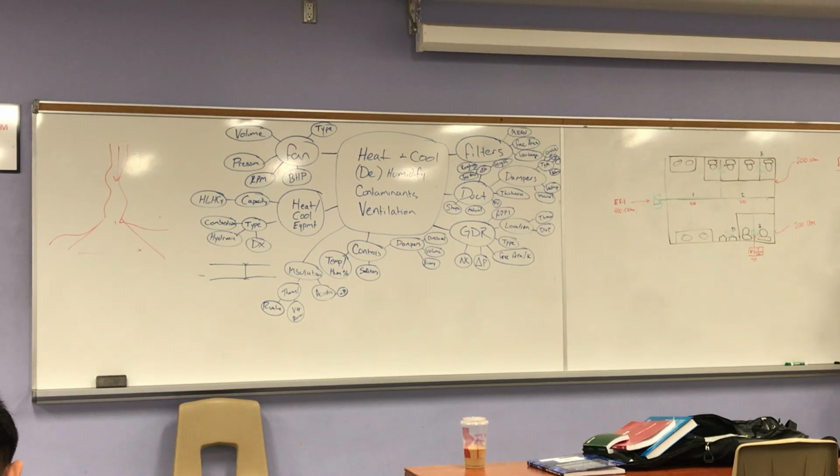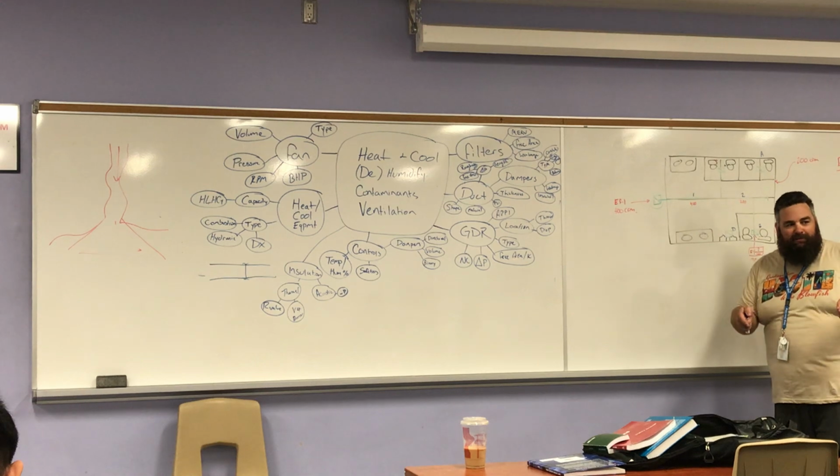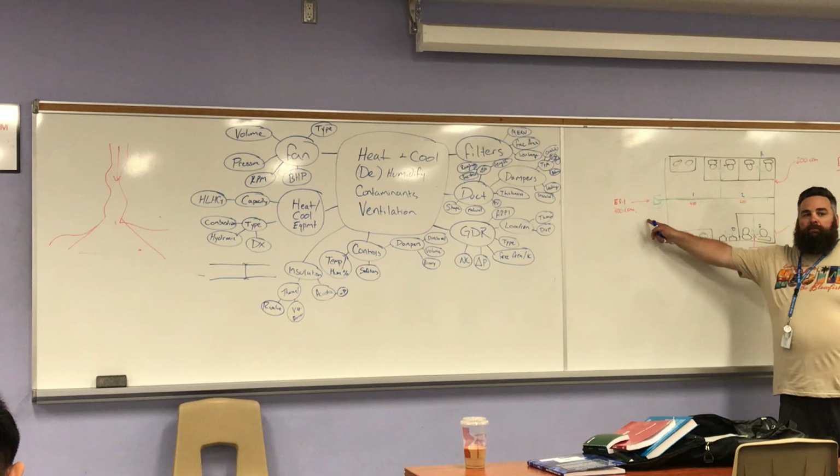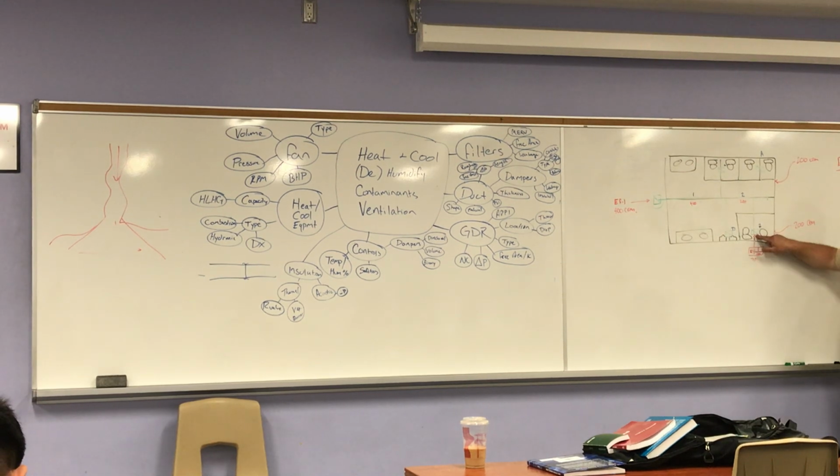Now, put yourself in the air's shoes. You are air right at 3 here, going up your grill, on your way to the fan. What do you have to go through at this point if you want to leave the building through this fan? Ductwork? Before the ductwork.